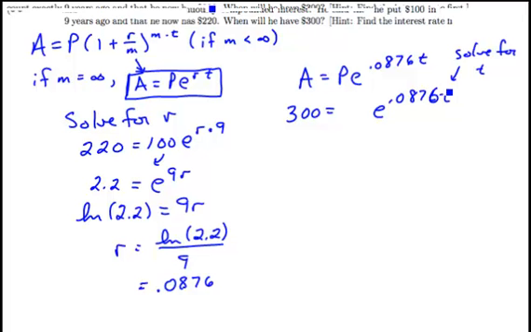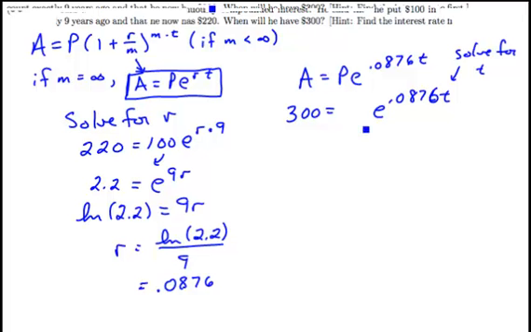The time that is measured here is the amount of time between the number I haven't put in yet and the number 300. So if I put in the number 100, that would be talking about the time it took for the 100 to grow up to be $300. So the value for t there would include the 9 years that it took the money to grow up to be 220. And as long as I understand that, I can work with it.